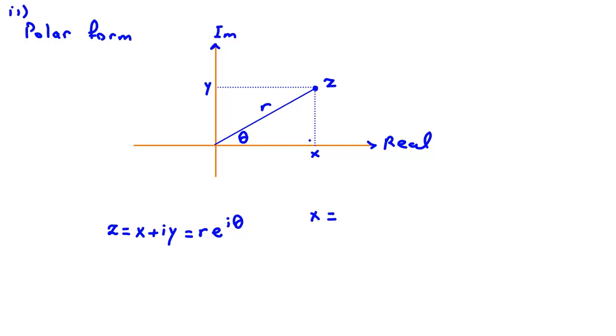Okay, if we consider this triangle, x equals r cosine theta, and y equals what? It is r sine theta.